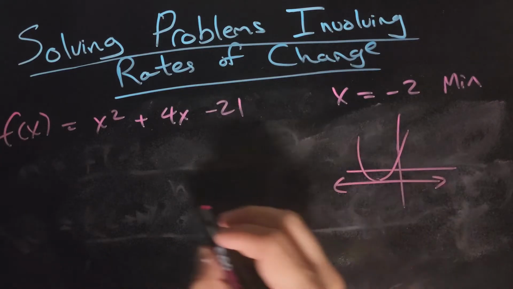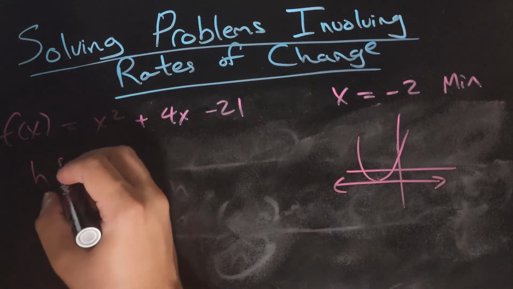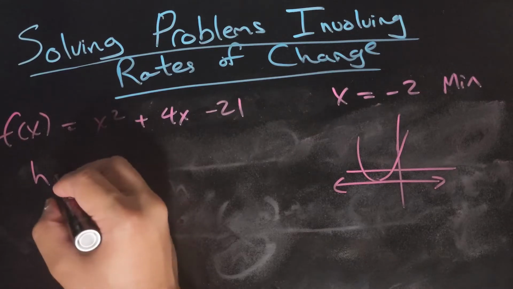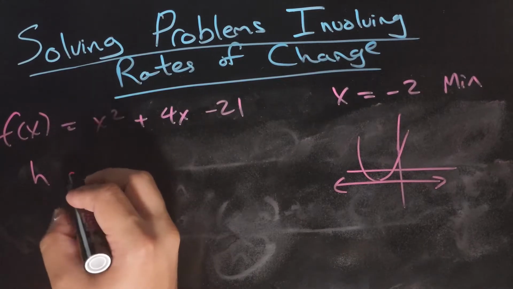The slope will be 0, so we can say that h is going to be so small.